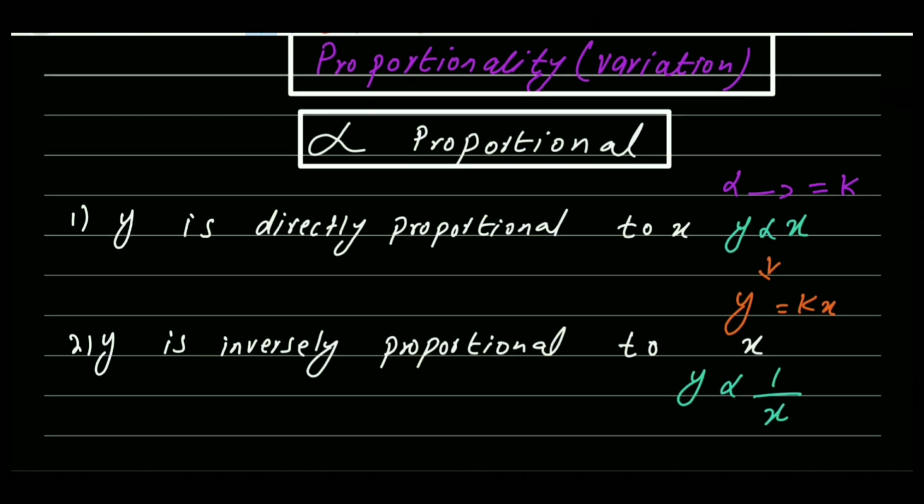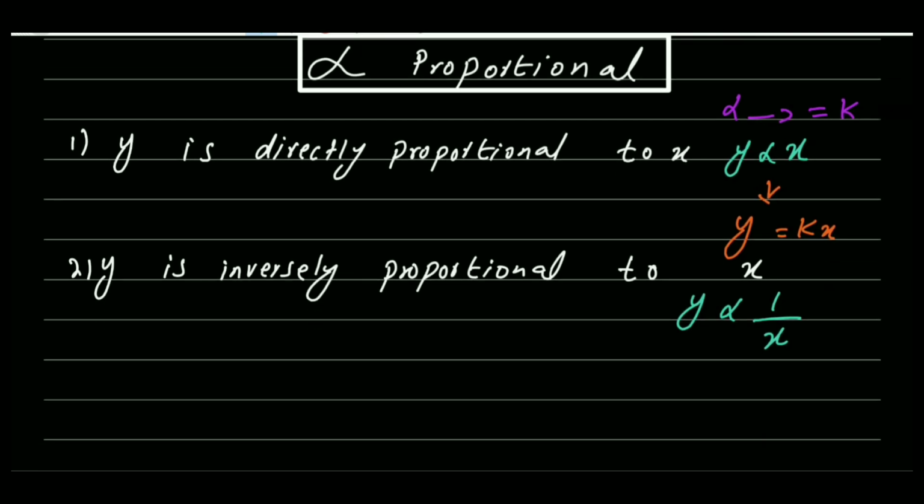So this is the difference between directly and inversely proportional. This symbol is just proportion. If we write directly proportional, the variable will be in the numerator, and if we write inversely proportional, that variable will be in the denominator. This is the main difference, but the sign is just proportional.